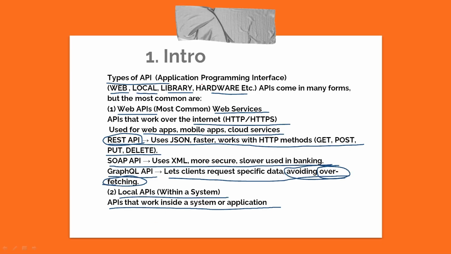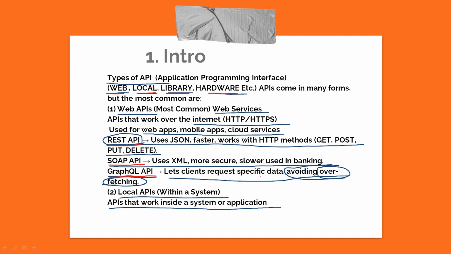So basically, there are web APIs, local APIs, library APIs, and hardware APIs. Web APIs are most commonly web services, which work over the internet using HTTP and HTTPS. Popular web APIs are REST API and SOAP API. There is GraphQL, which can be a web service and may not be a web service.